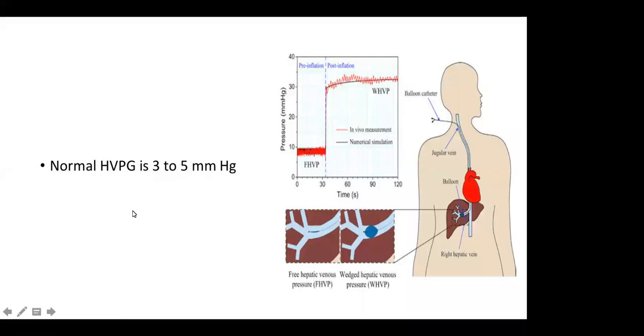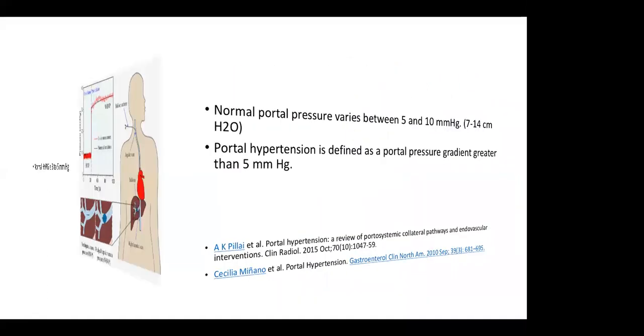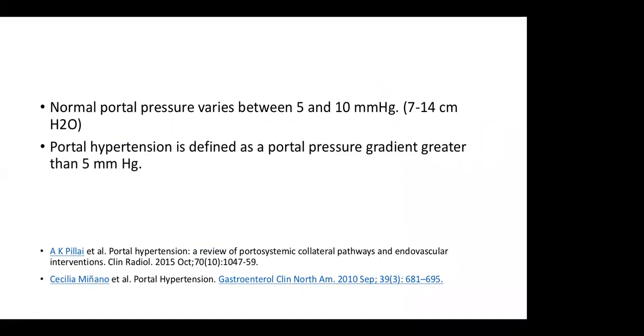The normal hepatic venous pressure gradient is nearly 3 to 5 millimeters of mercury. The normal portal pressure varies between 5 and 10 millimeters of mercury, which is nearly equal to 7 to 14 centimeters of water. So portal hypertension is defined as a portal pressure gradient greater than 5 millimeters of mercury.